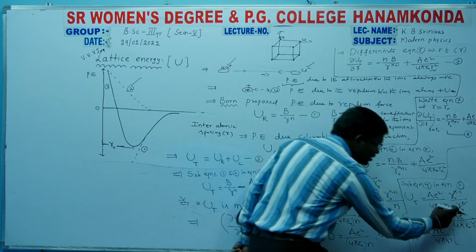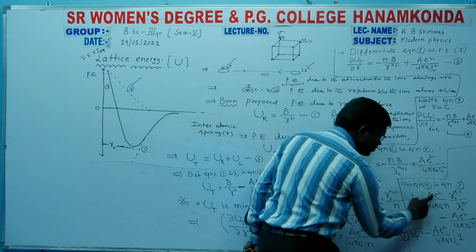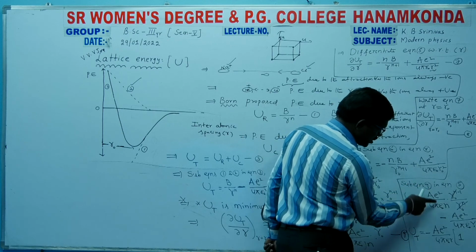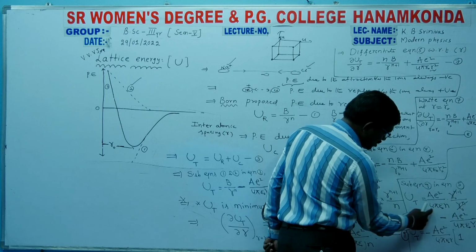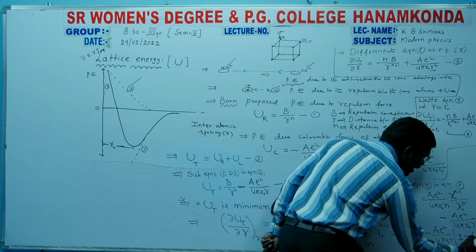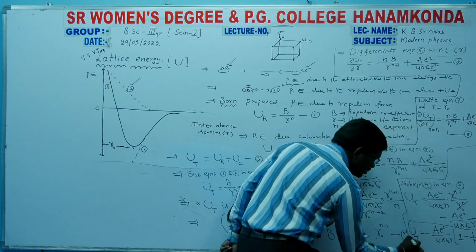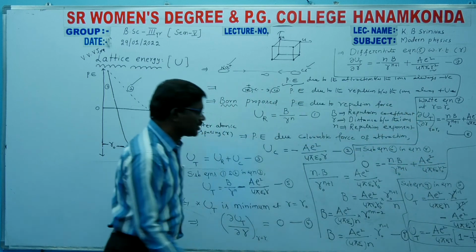So instead of this term, you can substitute 1. What about the first term? I have taken already AE square by 4 pi epsilon naught. Here we are having already r naught, 4 pi epsilon naught r naught. So 1 by n will be remaining as a second term. So this is the final expression for lattice energy.